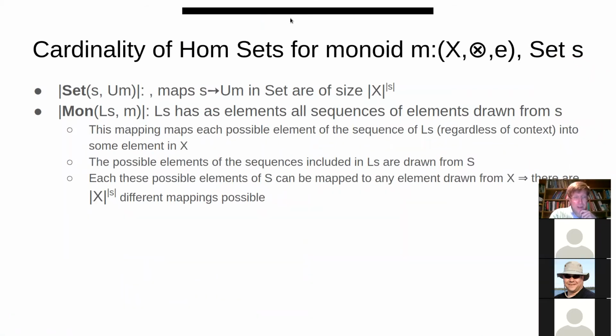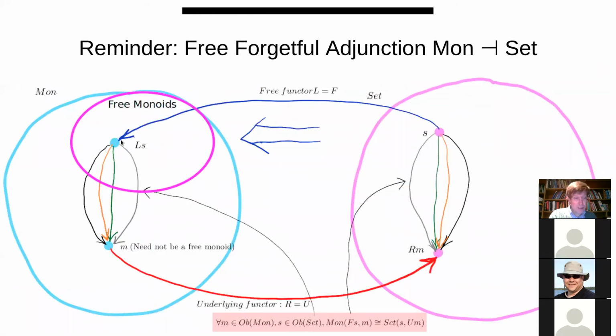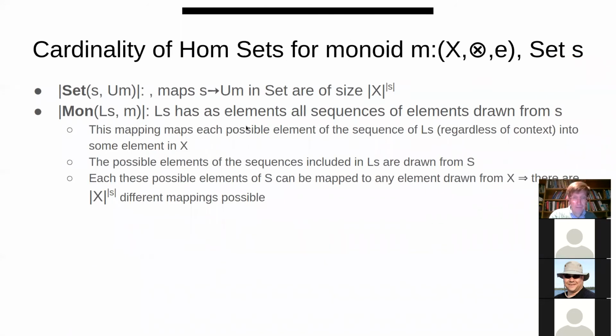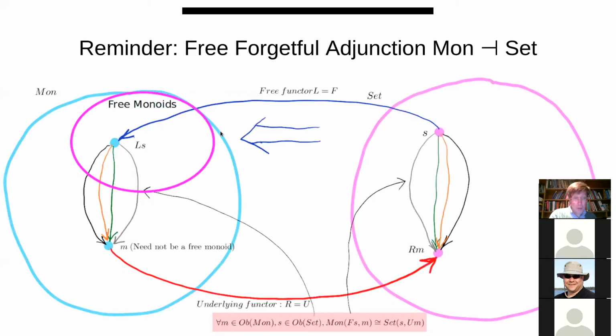Okay, so this set of homomorphisms are going to need to map from the monoid, whose elements are all sequences of elements drawn from S, down to M, right? And each of these elements of S are mapped over here.